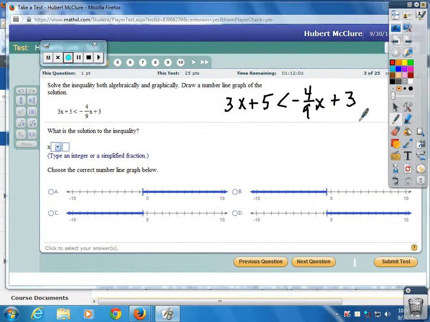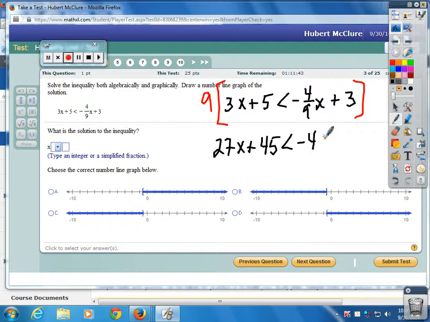I'm going to multiply by 9. 27x plus 45 is less than negative 4x plus 27.